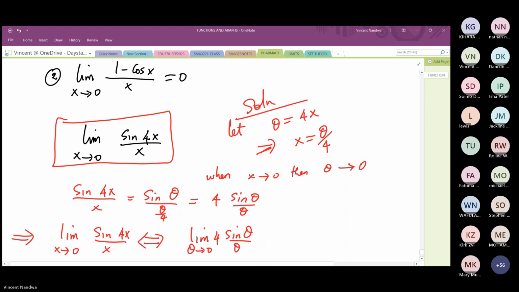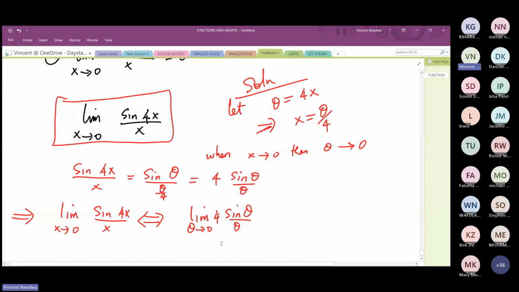And from the properties of limits, we can drop out the 4 because it's not affected by theta. So what do we end up with?